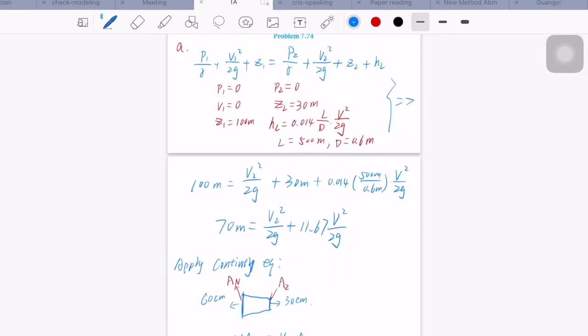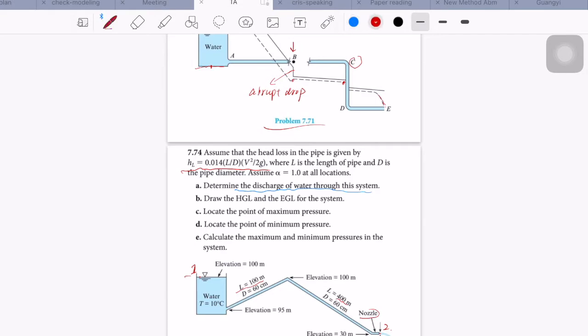So we finished problem A, and we need to solve problem B. We need to draw the HGL and the EGL for the system.